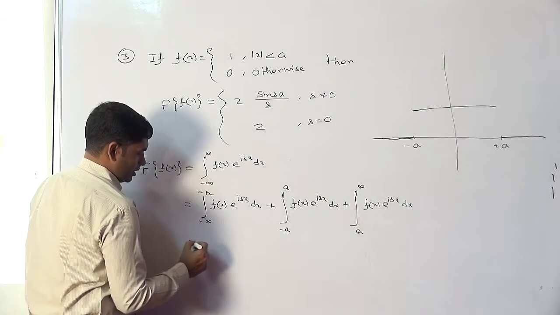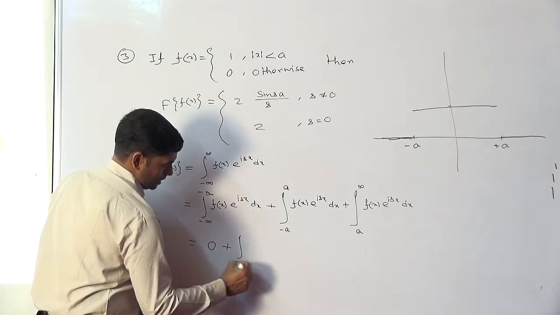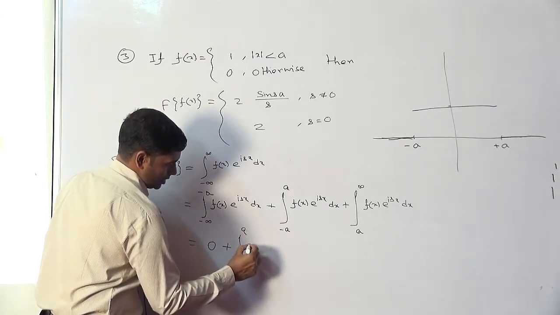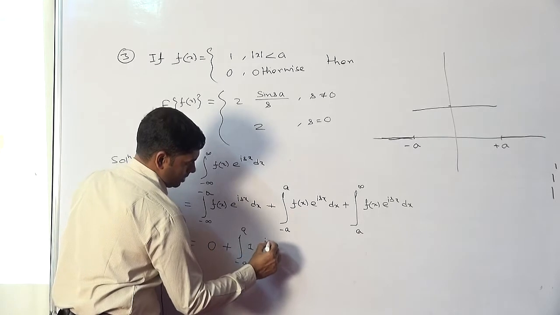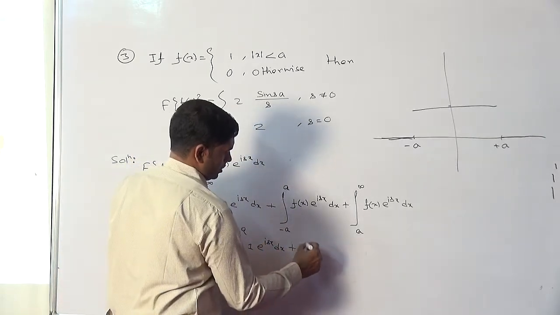So this one is 0. Now next, the function f(x) is 1, e to the power isx dx, and this is also 0.